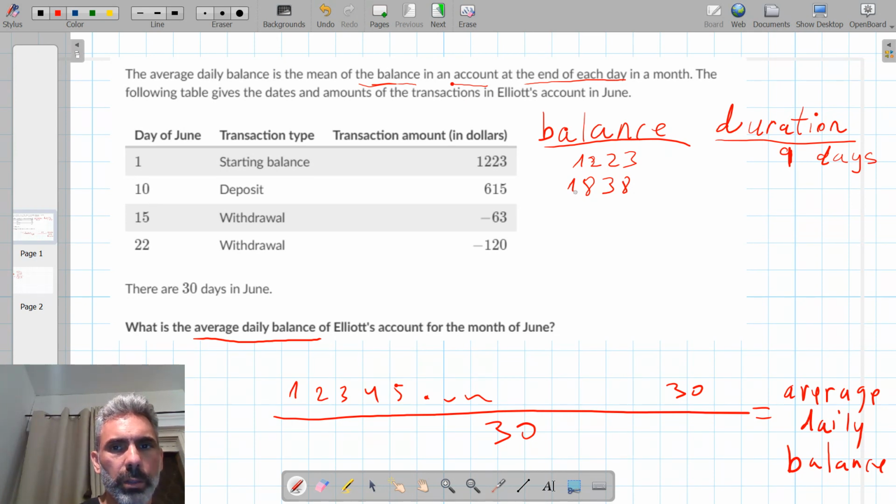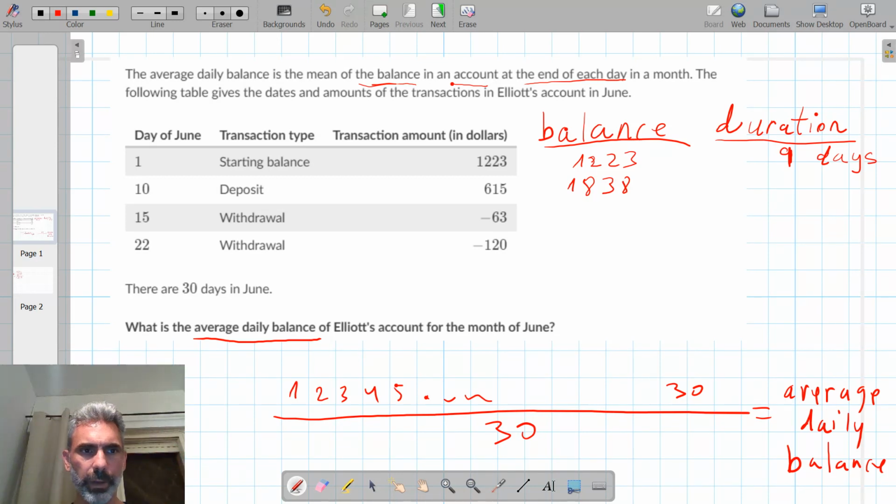So Elliot had $1,838 in his account for a duration of 5 days: June 10th, 11th, 12th, 13th, 14th.